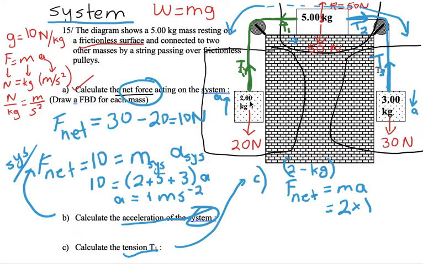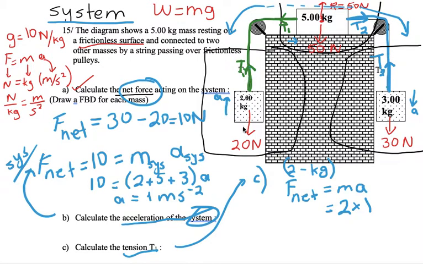So if I look at the 2 kilogram, if this is accelerating upward, answer this question. There are 2 forces. There's T1 upward and 20 downward. Which one is winning? Which one must be larger in size to cause an upward acceleration? The one that is acting upward.